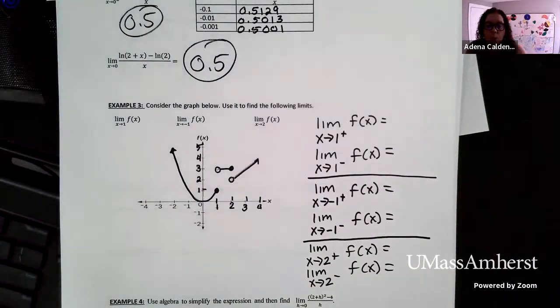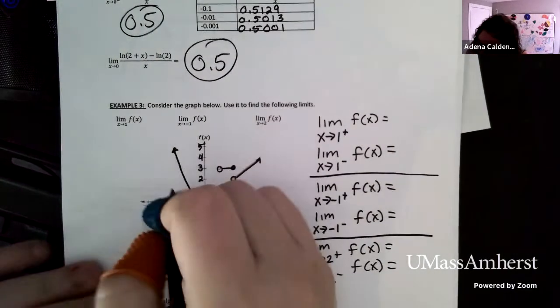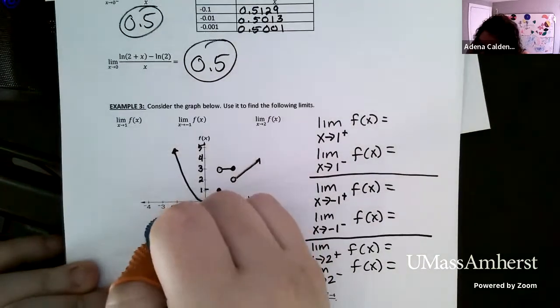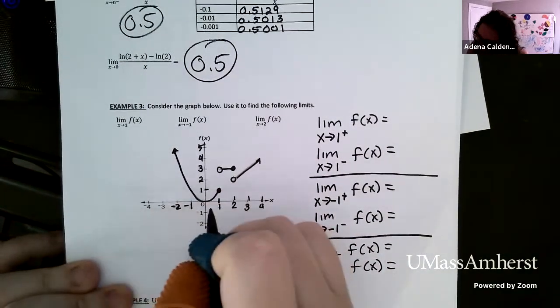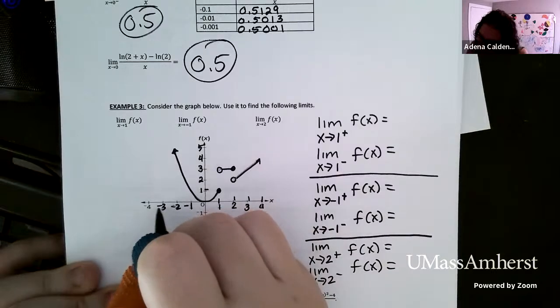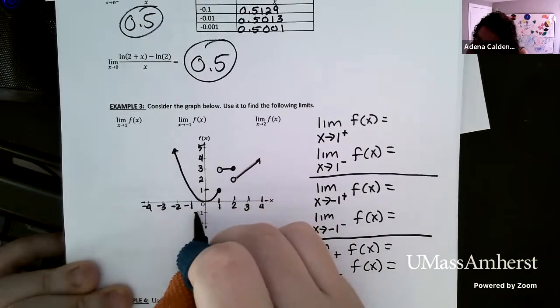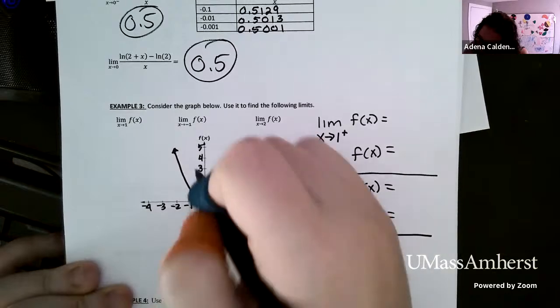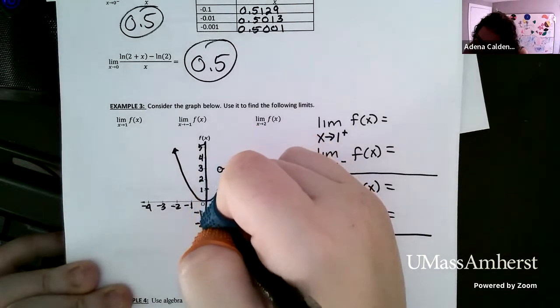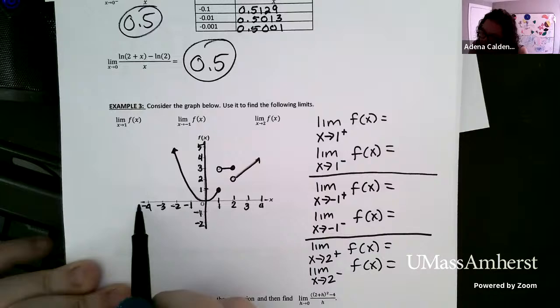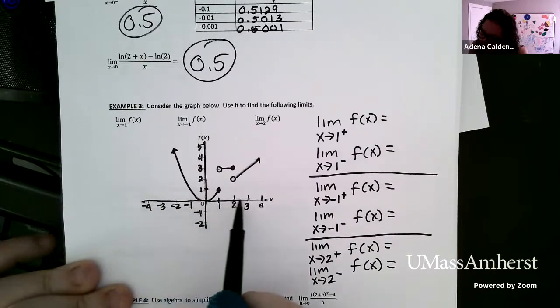Okay, so hopefully you can see where all these things are marked. I tried to darken them up, but we're counting by ones in both directions. So once you take about 2 minutes, see if you can figure out what these limits are going to be, the left and the right, and then use those to talk about the general limit.